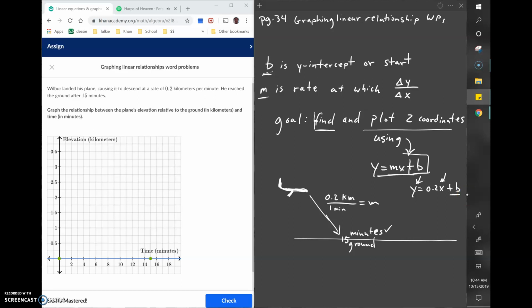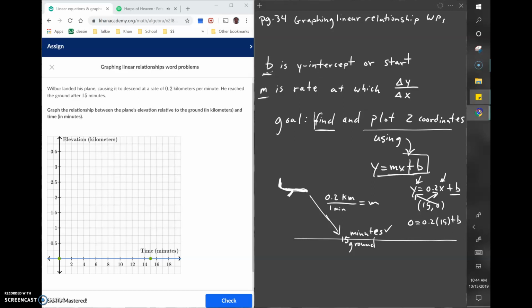We can do that with the coordinate point it already gave us, the x-intercept, (15, 0). We put 15 in because it's an x value, and 0 in for y because it's a y value. So the equation would look like 0 equals 0.2 times 15 plus b.